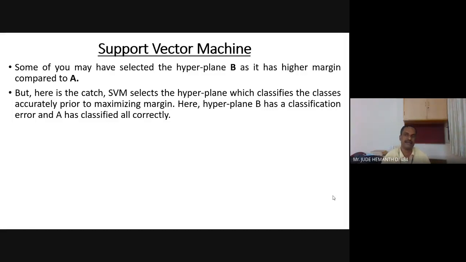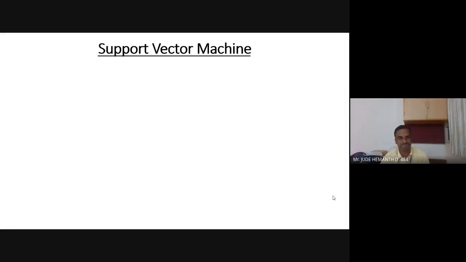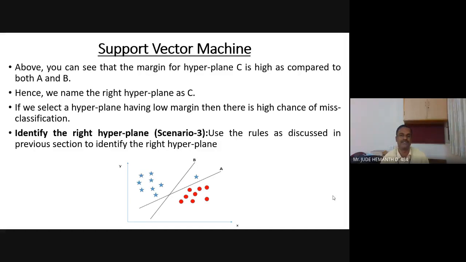Here, hyperplane B has a classification error and A has classified all correctly. So whenever we say margin, still the first preference should be given to the one which gives you 100% training accuracy. In that case, A is going to be better than B, even though B has a good margin.